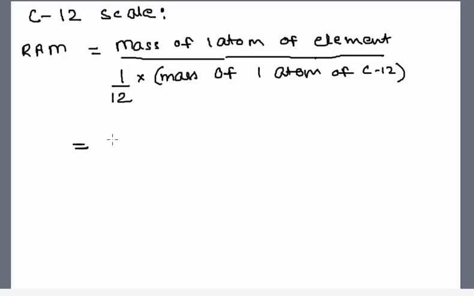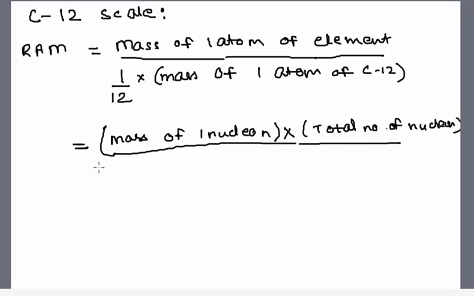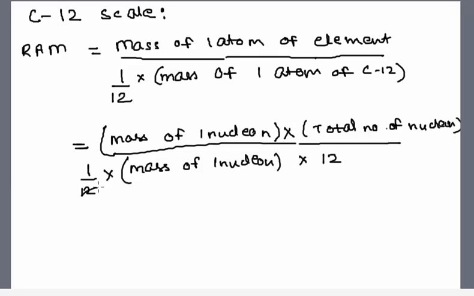How? Mass of one atom of element will be mass of one nucleon into the total number of nucleons divided by 1 by 12 into mass of one nucleon into, carbon will have 12 nucleons, so I'll place a 12 over here. This 12 and 12 gets cancelled out.